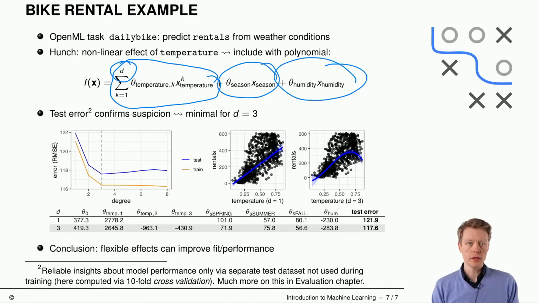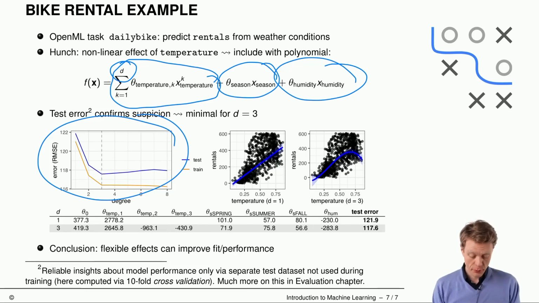So what you see here on the left-hand side is the error for test and training data. Of course, it's worse for test data. But the point is that we want to find a sweet spot where the test error is minimal. So we'll speak about this in depth in the evaluation chapter.